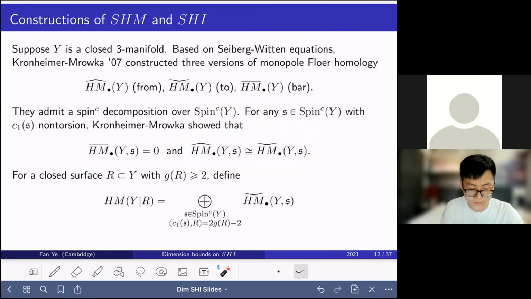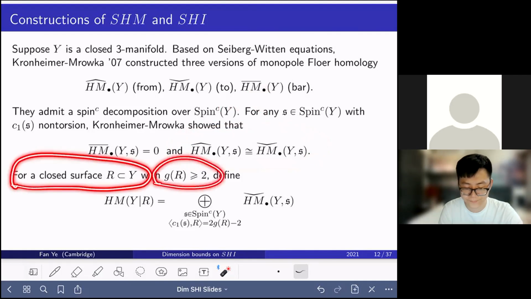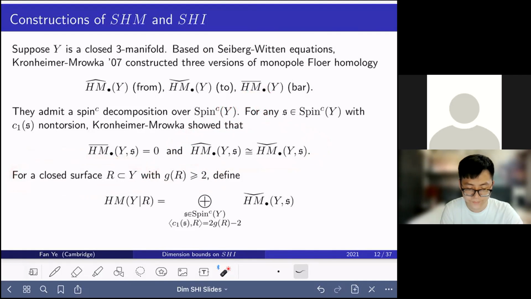So for a closed surface R in Y with genus larger than 2, we can define HM of (Y, R) as follows. We collect the spin^c structures that evaluate to 2g minus 2 on the surface R, and put all of them together.